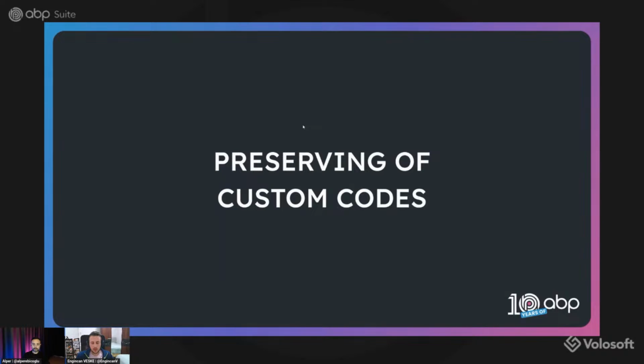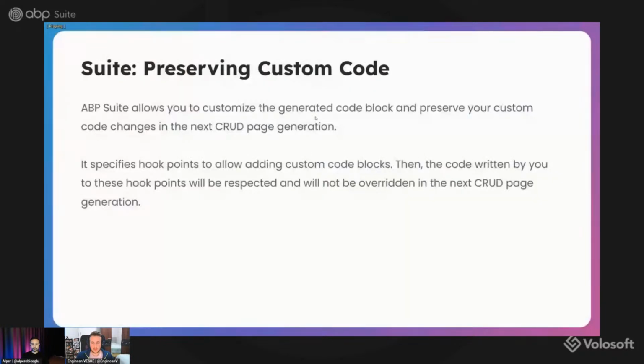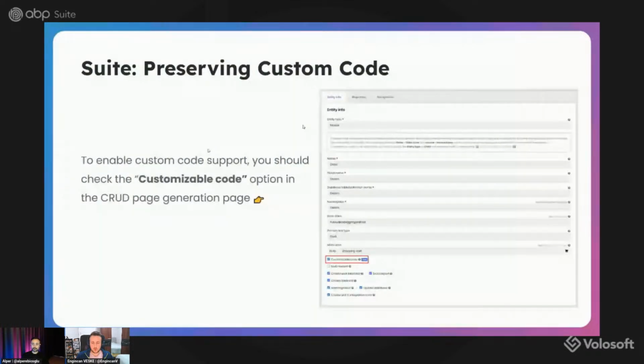For that purpose, ABP Suite supports the preserving custom code feature, which allows you to customize the generated code and preserve your custom code changes in the next page generation. Actually, it specifies some hook points where you can write your code between the placeholders, and the changes that you made will not be overridden.